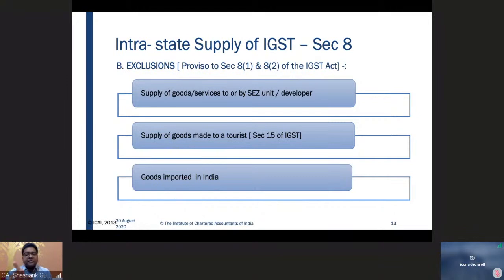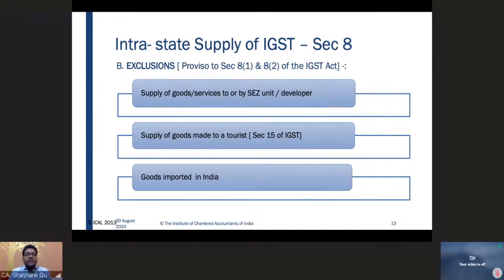Can I say that this transaction will be liable to CGST plus SGST? No. Why? Because it has been specifically mentioned that supply of goods or services to or by an SEZ unit or developer will be covered under IGST.